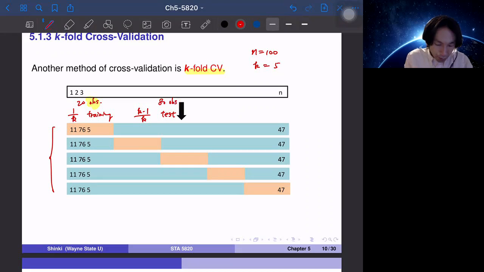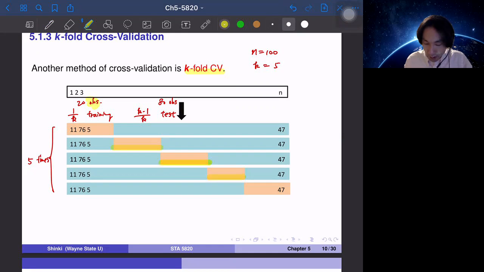But the k-fold, so we have the 5 times. The concept is that each observation should be in the test set exactly once. So the next time, the next 20 observations are in the validation set, and then we have the next 20 observations.